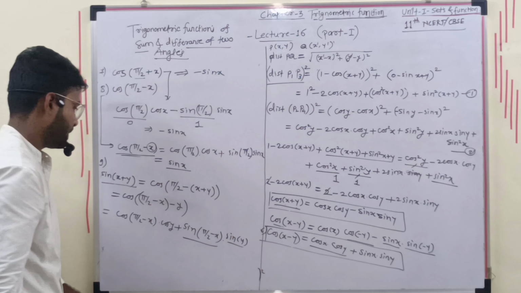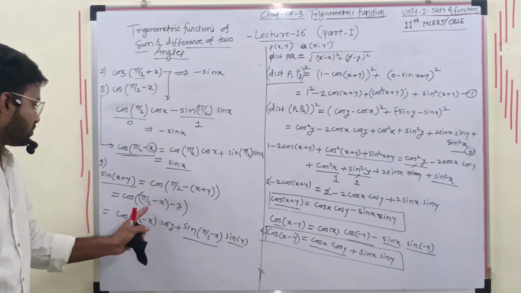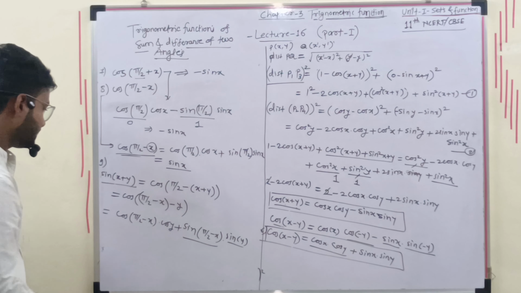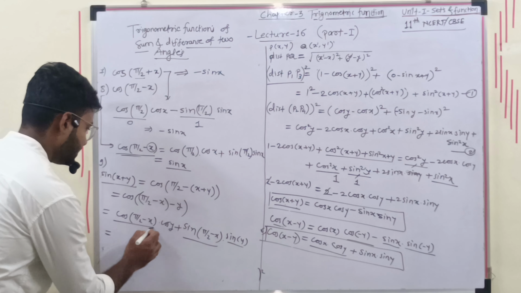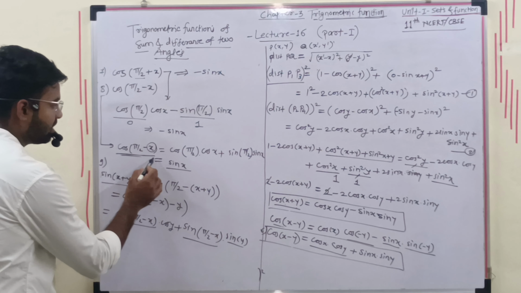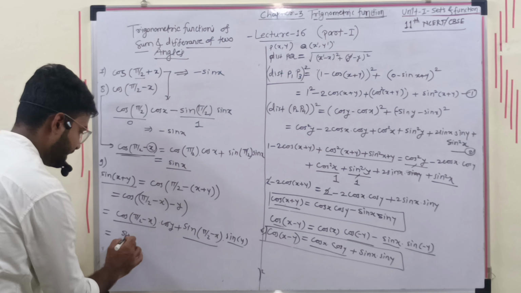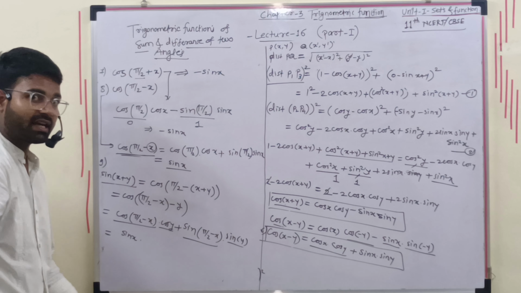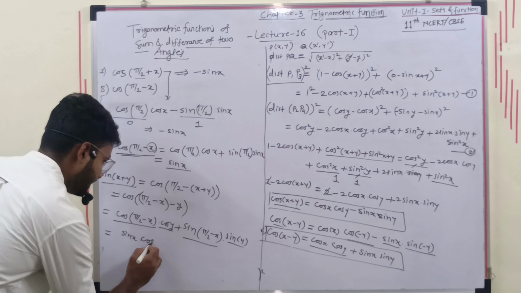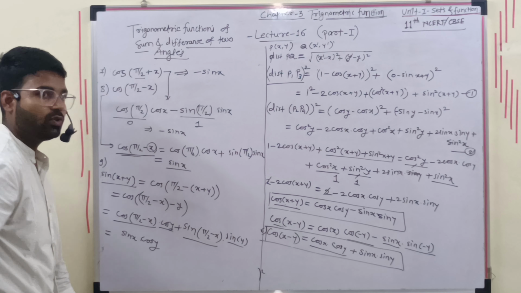So here cos of pi by 2 minus x is simply sin x, and cos y remains as it is. What is sin of pi by 2 minus x?